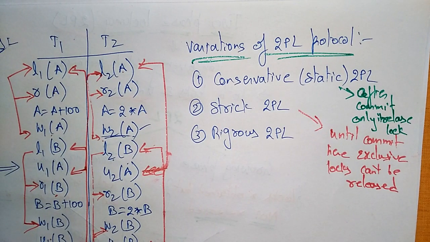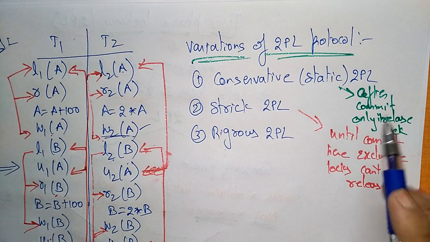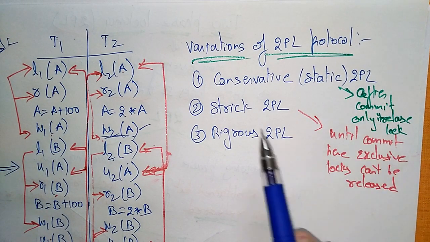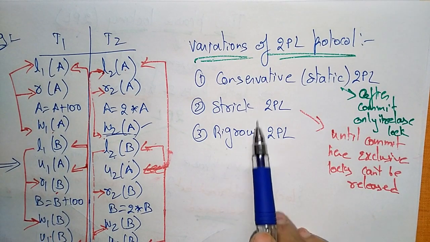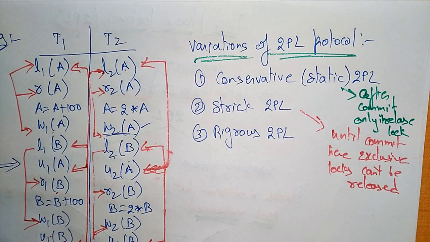It also helps in a cascadeless schedule, but here deadlock may occur. Conservative is deadlock free, whereas in strict two-phase locking and rigorous two-phase locking, deadlocks may occur. In rigorous two-phase locking, shared or exclusive locks cannot be released until commit.